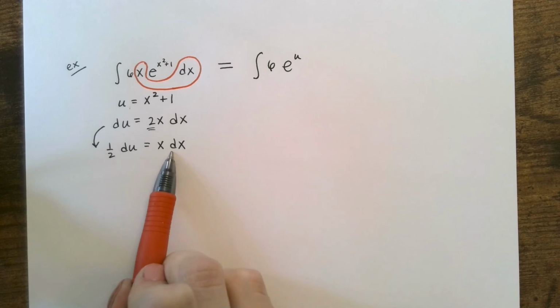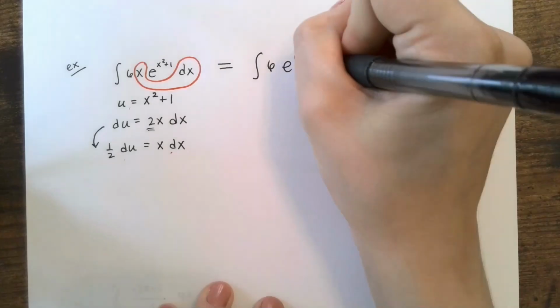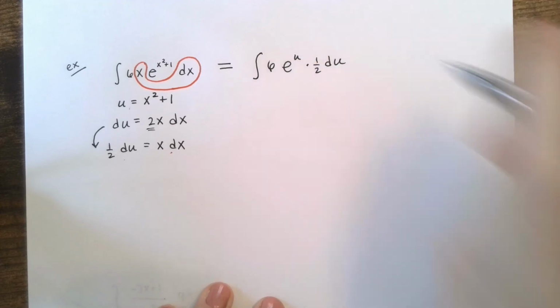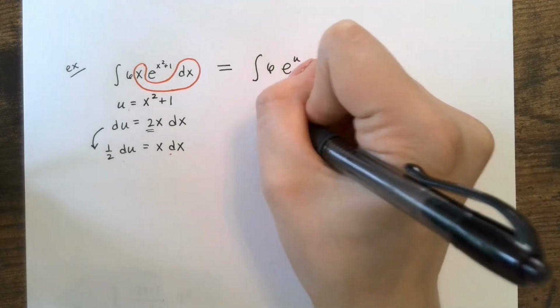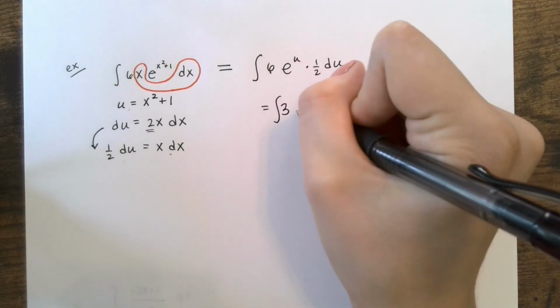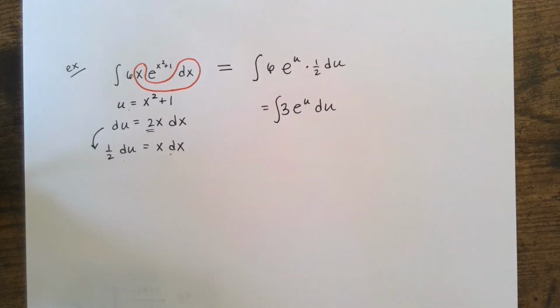And we have exactly x dx equals 1/2 du here. So I'll say, okay, that's times 1/2 du. And once again, there's a little bit of cleanup here, right? Like the 6 and the 1/2 we can turn into a 3. Oops, forgot my integral. So the integral of 3 e to the u du.